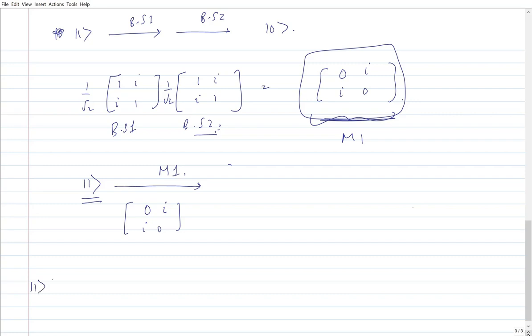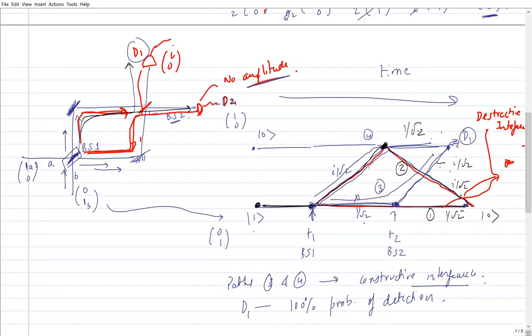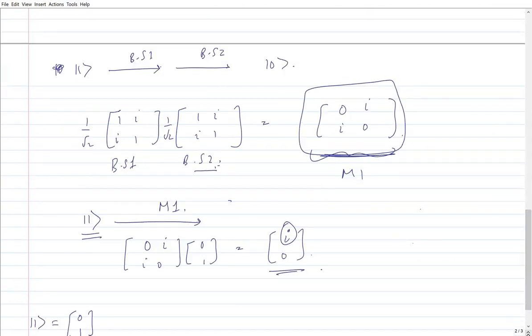So 1 by convention is this state and 0 is this state. When I apply it to 1, my final state is just an inverted state with all the probability in the detector D1 over here.